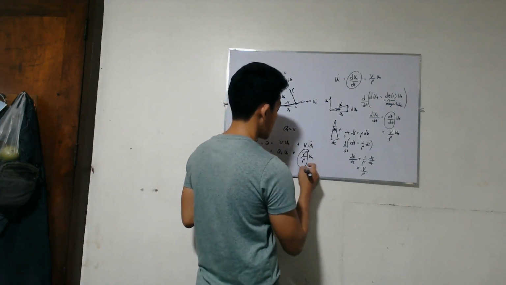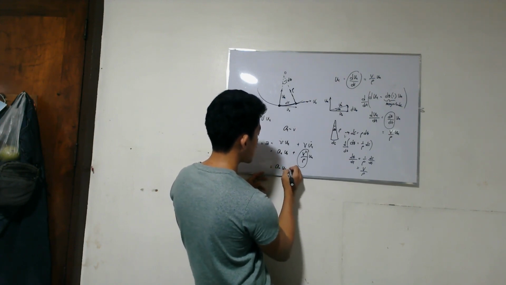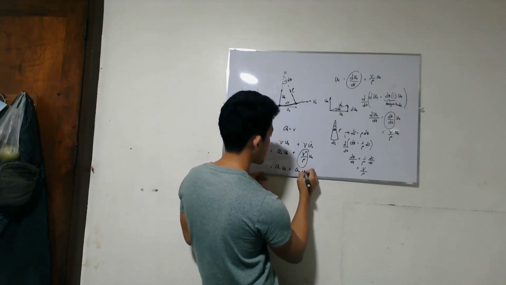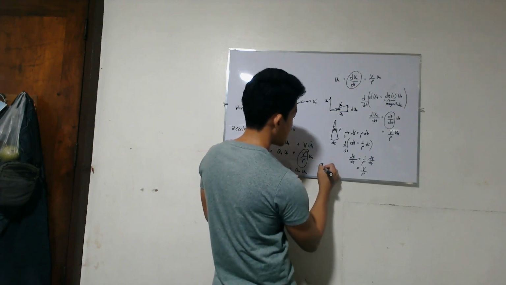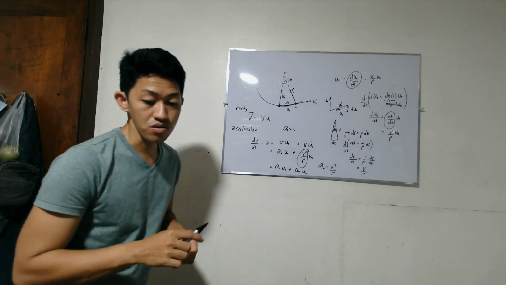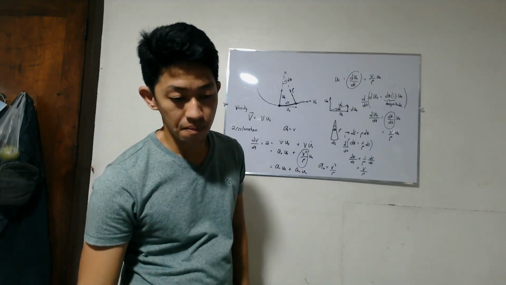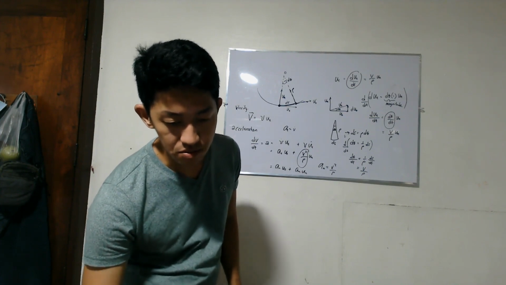Again, a sub t u sub t plus a sub n u sub n, where a sub n is just v squared over rho. That's it. Okay, so proceed with the example.